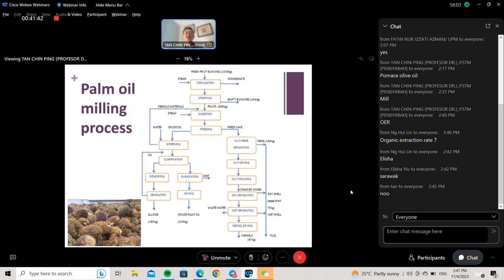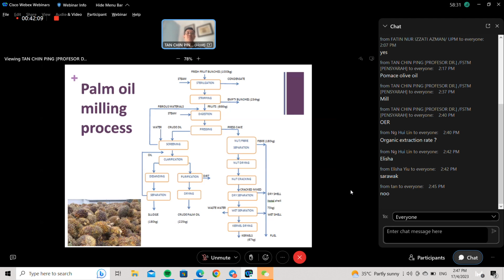To cook the bunch, because if you cook fruits using steam and so on, the tissue is going to get softened, and then it is easy to strip the fruitlet out of it. So sterilization is always the first step of the process involved in mills.